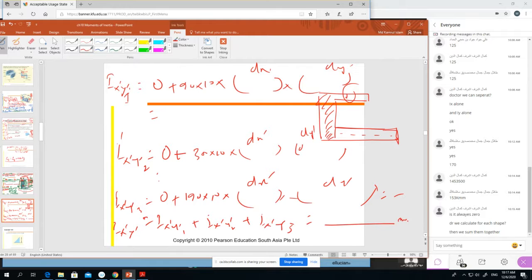Then you get the final answer. It will be millimeter to the power 4. All will be millimeter to the power 4. Don't forget to write your unit. All right, so try like this. Add them up and do it. Next class you tell the final result. What will be the final result?